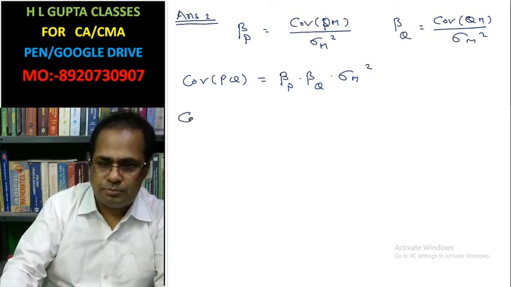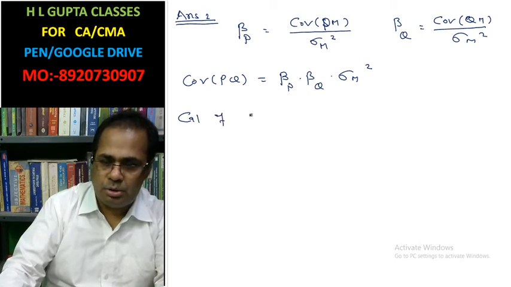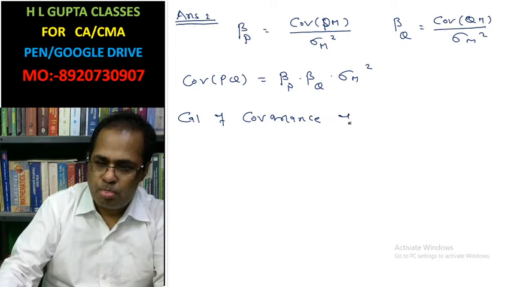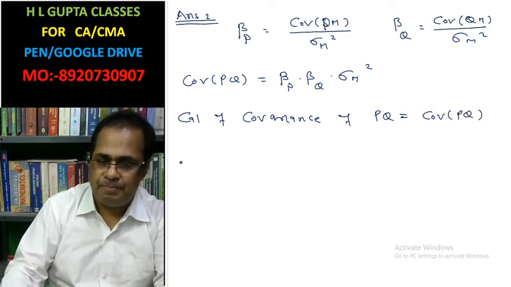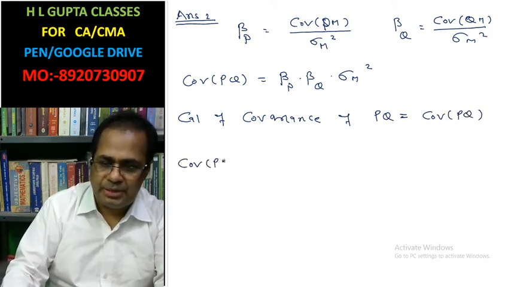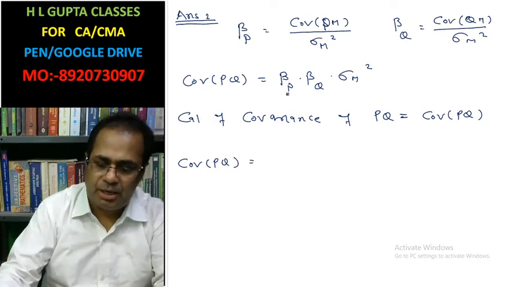Calculation of covariance of PQ. I will represent it like this: covariance PQ equals beta of P times beta of Q times market standard deviation squared.